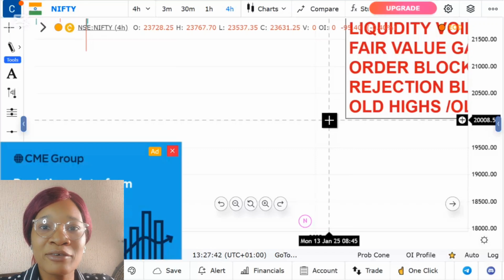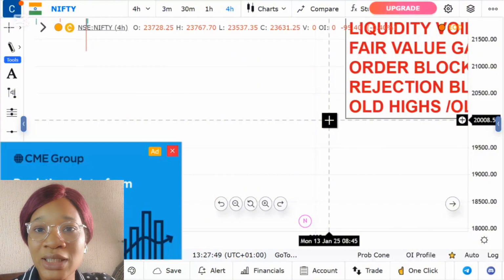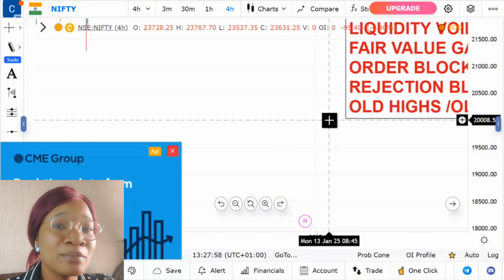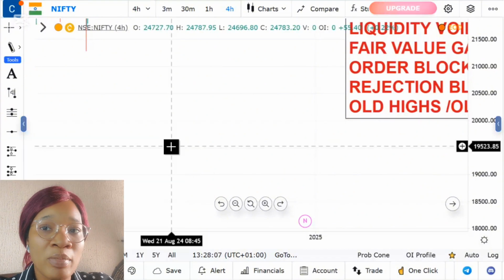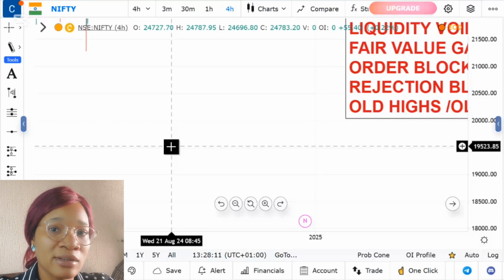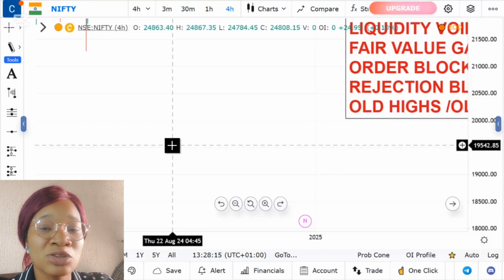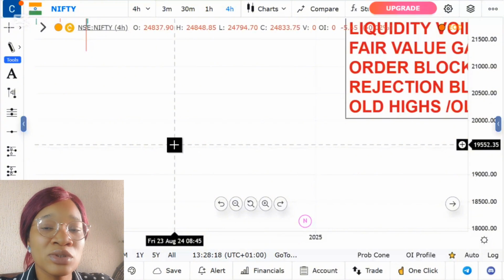So it is an arrangement of different price points that the institutions like to put in their large orders, and it is arranged in a way of how frequent you see it, how frequent it plays out. So even if you have a situation where an order block doesn't play out, if you get a good understanding about PD arrays, other institutional reference points, you will be able to key into the market.